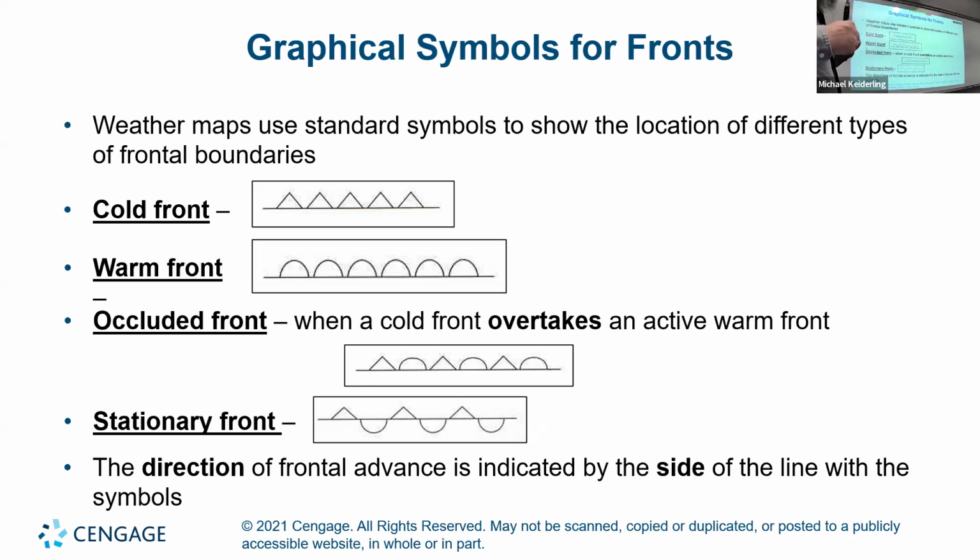And if you have a stationary front that's not moving, neither cold nor warm is winning, you get teeth on one side and half moons on the other. And the direction that the front is moving is indicated by the side of the line with the symbols. So all of these three would be moving upwards and stationary fronts aren't moving.